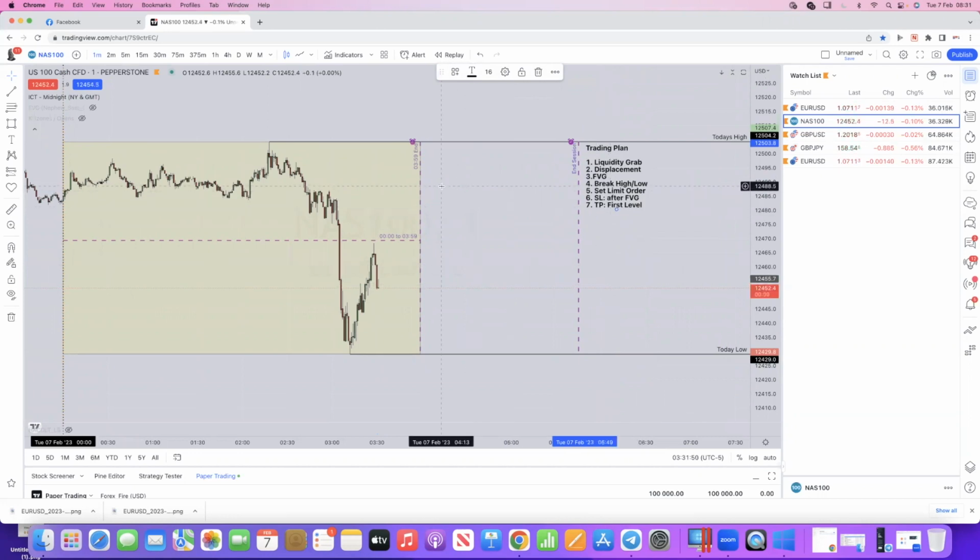And like back testing, but back test with a forward test element because I'm doing it live in front of you. Okay, so as we see, we've got the NAS 100 set up.